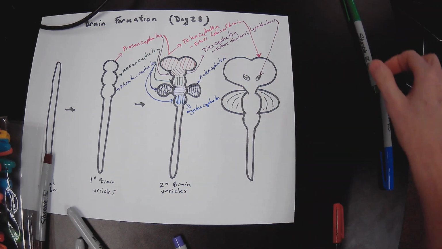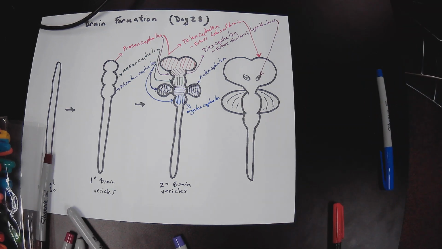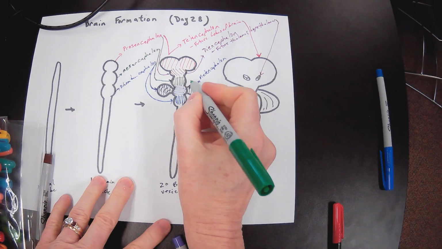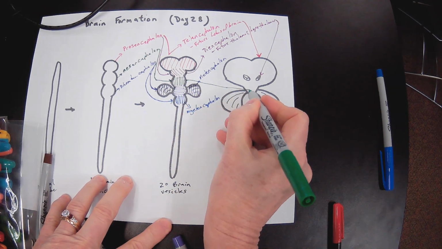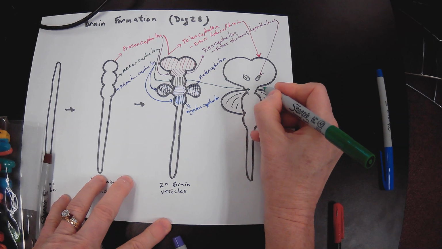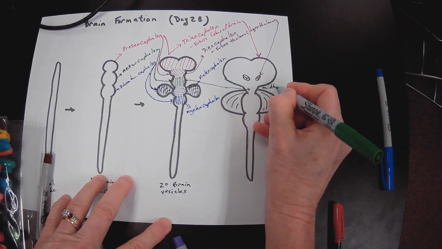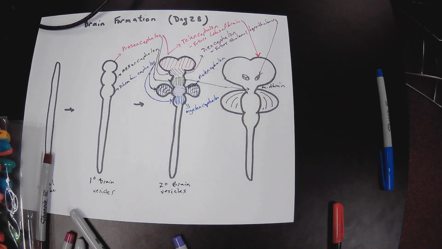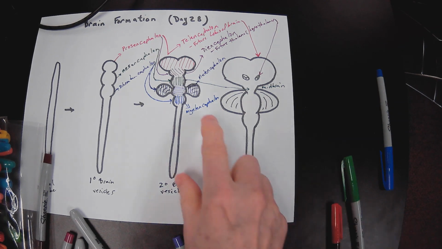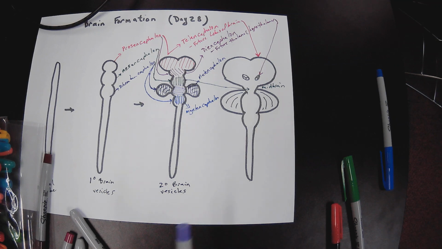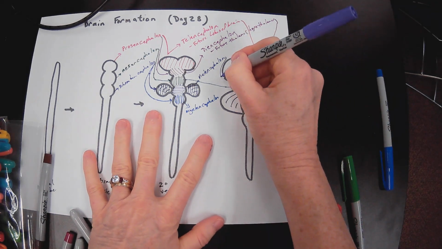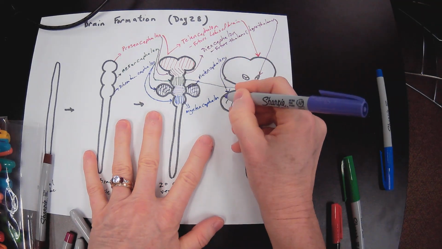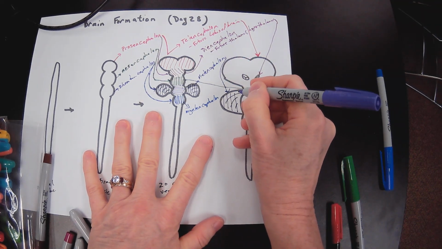Your mesencephalon hasn't really changed here in your secondary brain vesicles, but it becomes your midbrain. Your metencephalon forms a couple of different structures. The first is going to be your cerebellum.